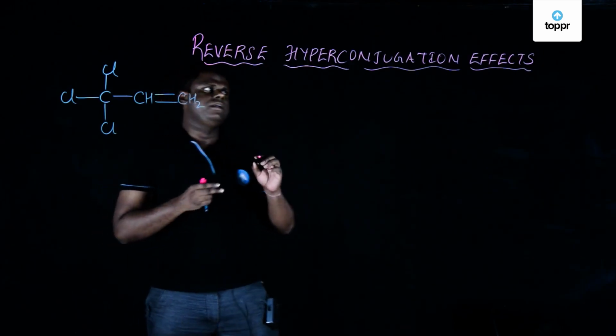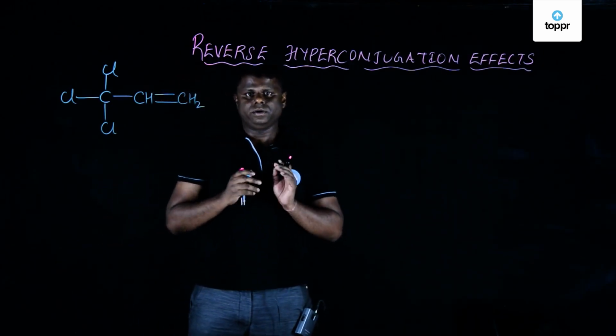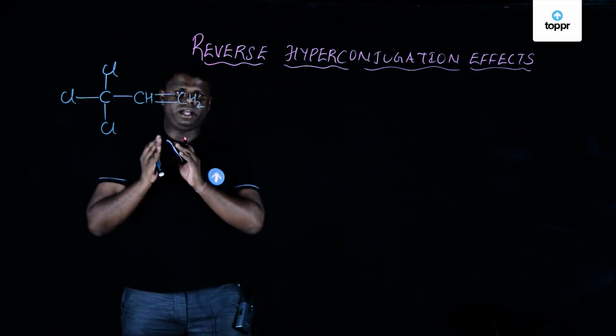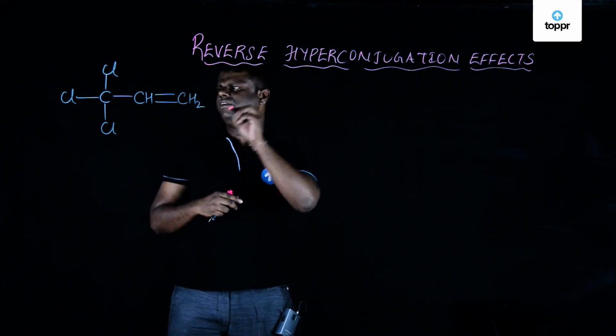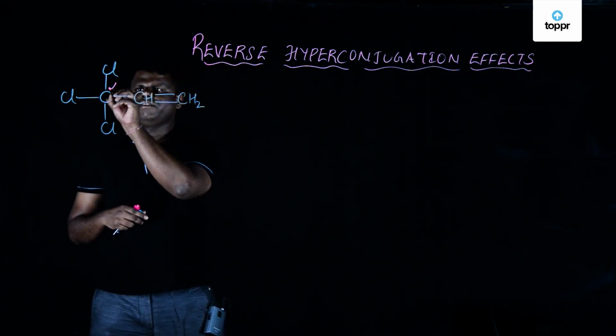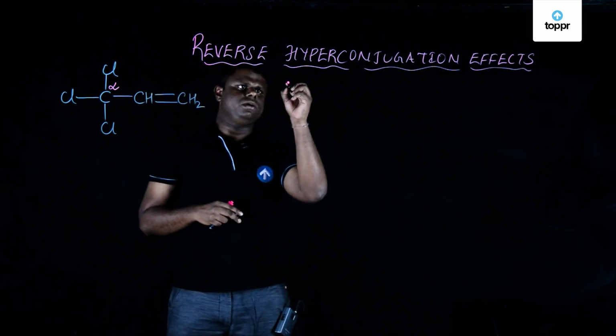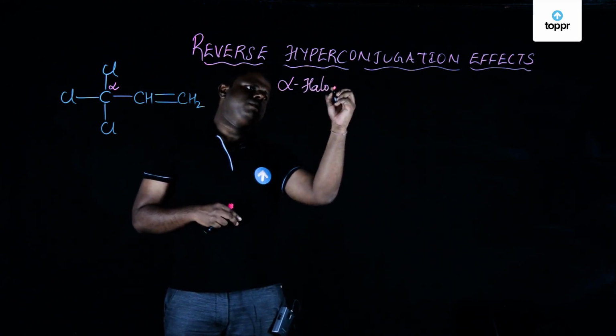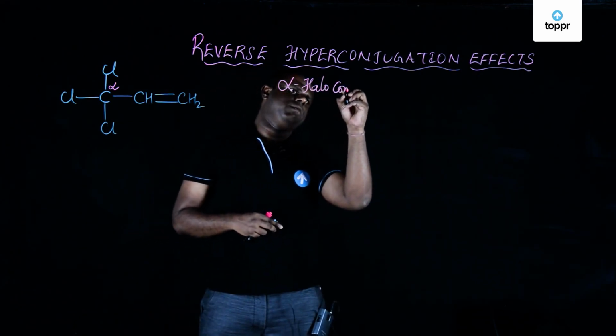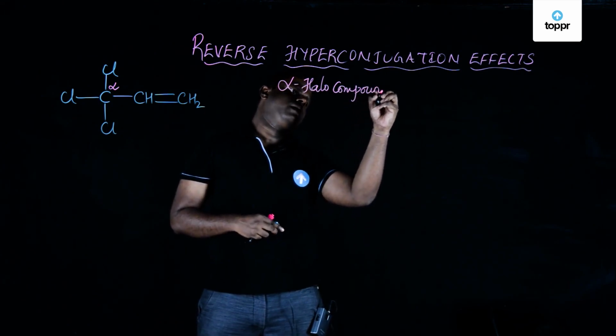Now, the next is reverse hyperconjugation effect. So what exactly is reverse hyperconjugation effect? This effect is normally observed in the case of, if you could see, this is the alpha carbon. So this is observed in the case of alpha halo compounds. What exactly happens?